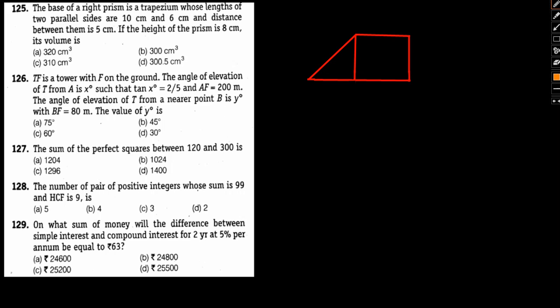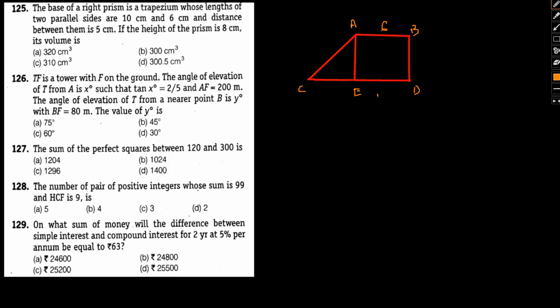Yeah, so this is a prism. Let's just name it A, B, D. What is given? The length of the two parallel sides are 6 and 10. Here to here this is 10.